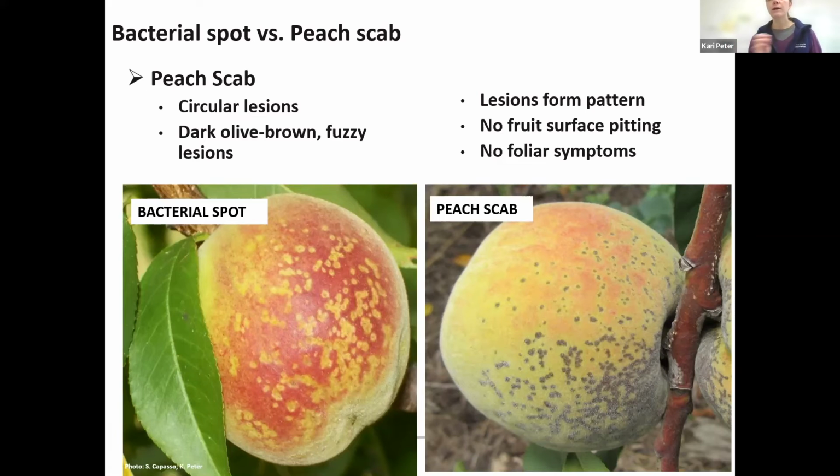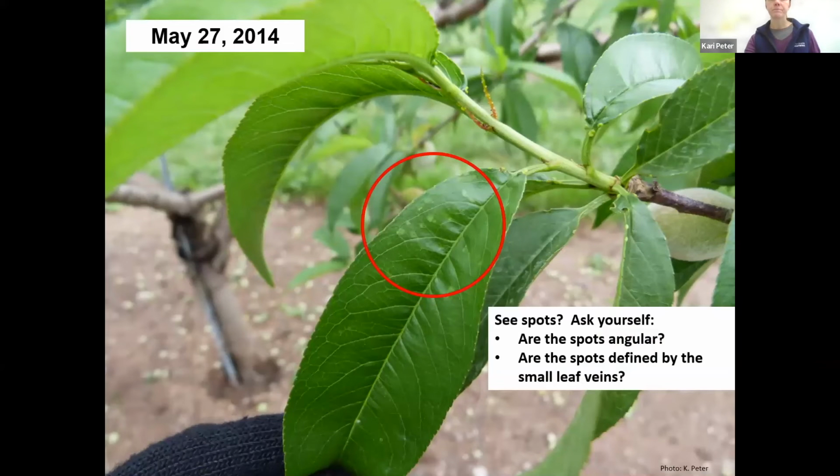You also see them on the twigs, but never on the leaves. There are no foliar symptoms, whereas you will see foliar symptoms with bacterial spot. So it's important to know the difference between the two diseases, because one's fungal, one's bacterial, and they require different management strategies.